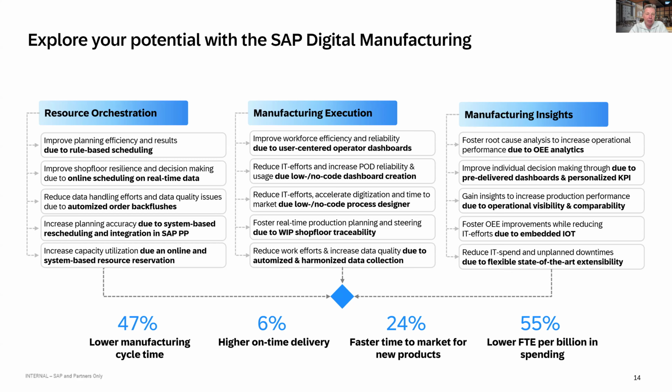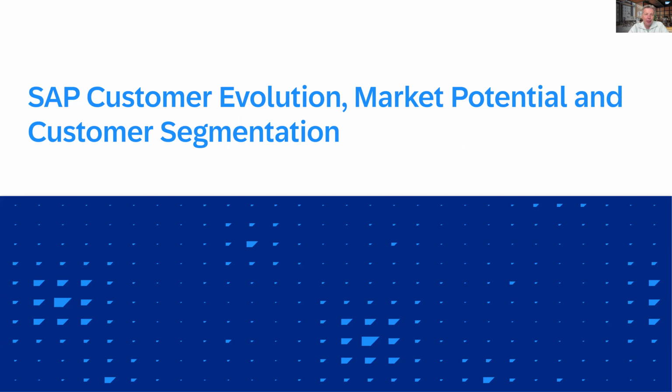You can be 55% more effective by implementing a solution like SAP Digital Manufacturing than if you are still running on paper, for instance. And then that's all for me for the presentation of SAP Digital Manufacturing by itself.